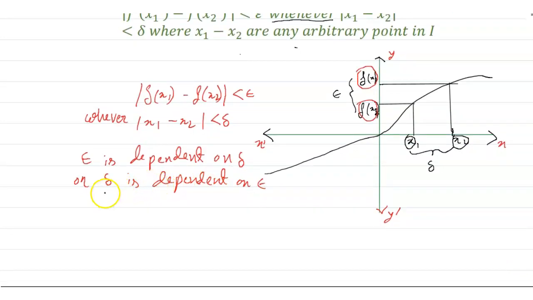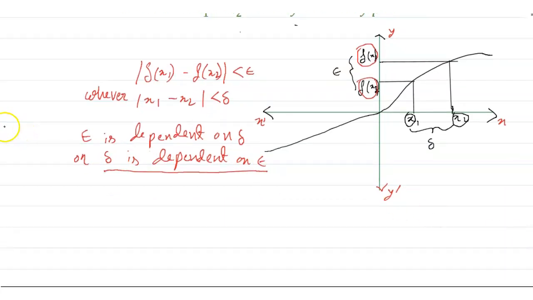This is uniform continuity, UC. Now we are going to discuss a question. This question is very important and very common.